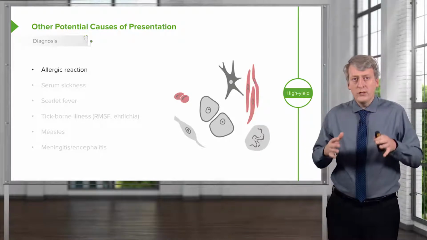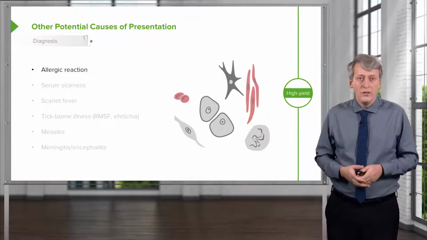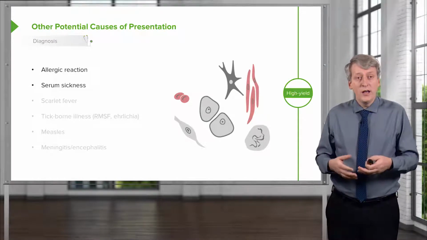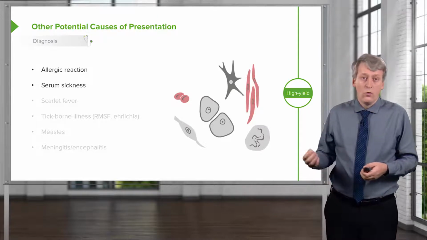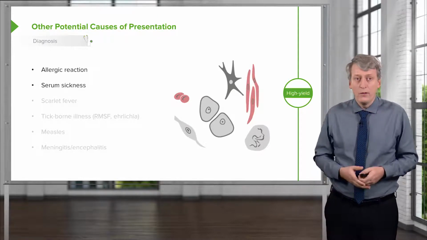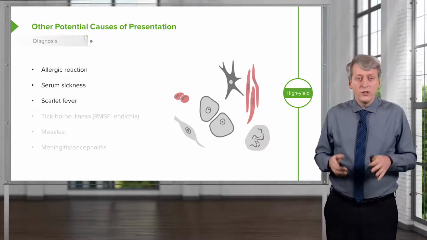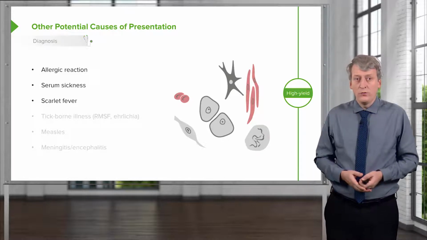There are other potential causes of patients presenting in this way that we should think about. One is a systemic allergic reaction. Patients may develop serum sickness, either from antibody use, like horse antibodies for certain antivenoms, or for example from amoxicillin. Scarlet fever can certainly create many of these symptoms, especially the peeling of the hands and feet afterwards.